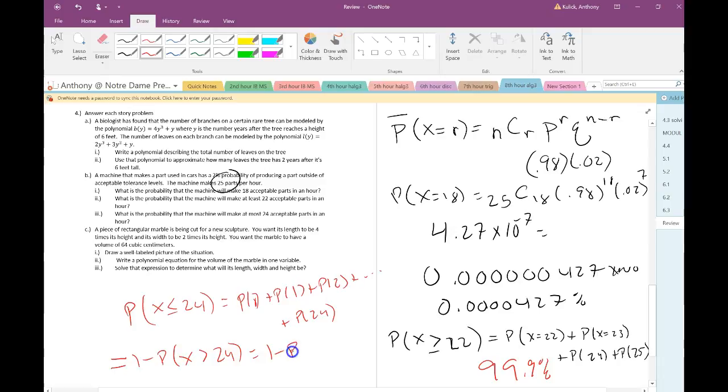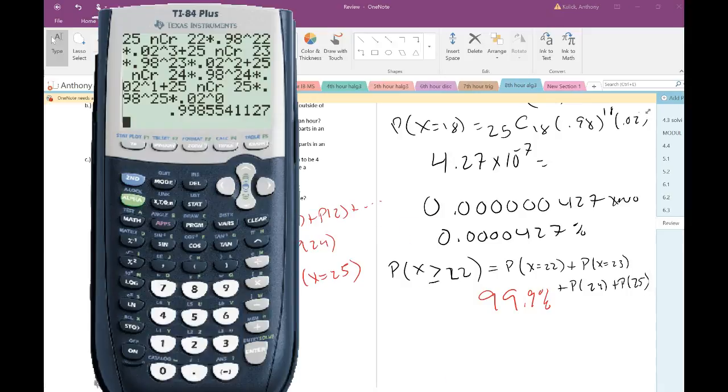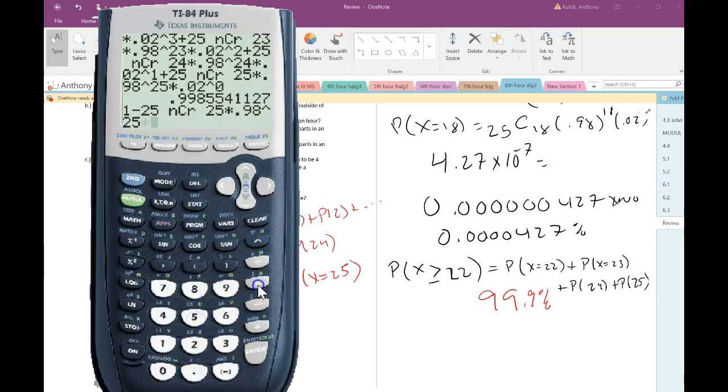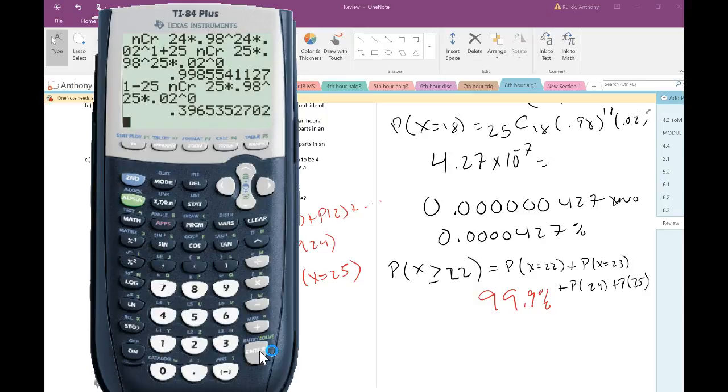Well, that's easy. That's just P of x equals 25. So let's do that instead. So I'll just go to my calculator. 1 minus, and then P of 25 is 25 choose 25 times 0.98 to the 25th times 0.02 to the 0. Didn't really need to type that since 0.02 to the 0 is 1. So that is 39.7%.